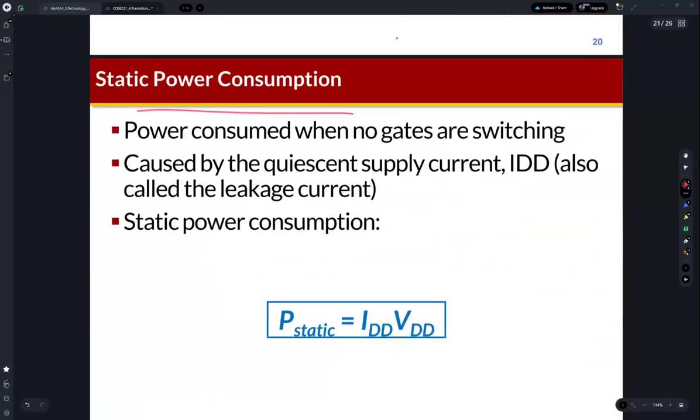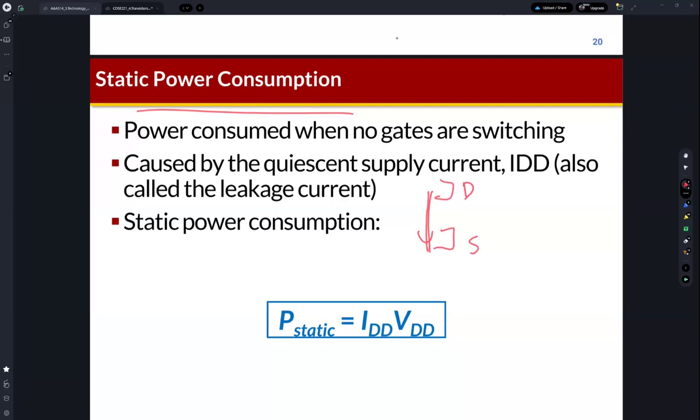Another issue is that transistors are not perfect. Even though a transistor is turned off, it's disconnected, a very small current can flow between drain and source.